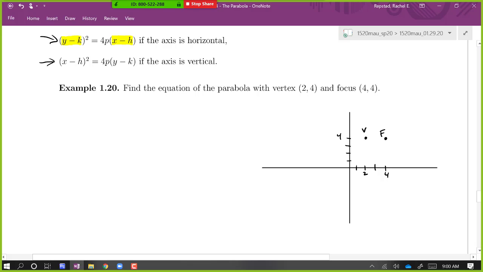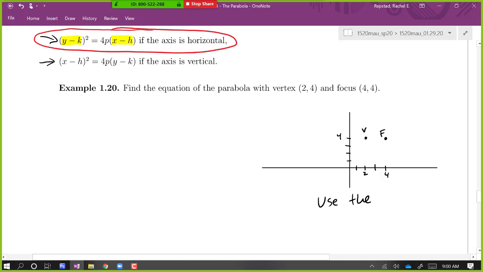What does that tell me? It's got to open to the right, so that means it has to be oriented horizontally, and so that means that if I'm finding the equation, I've got to start with the top one, right? It's going to be that guy. Anything else it tells me? Yes, the directrix. So let's use the sketch.